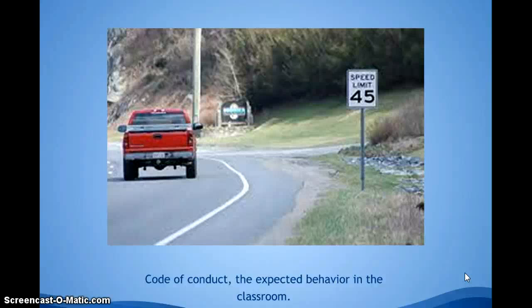Some people call them rules, some people call them expectations, whatever you call them in your classroom. This is what you do in the class that's going to make you successful. If we go back to our analogy of driving a car, you are a courteous driver. That's your ultimate goal, and one of the things courteous drivers do is follow the speed limit. So keep this graphic in mind. This is the rules.